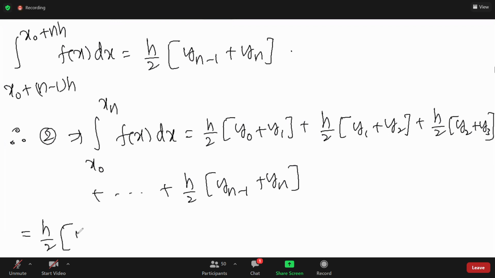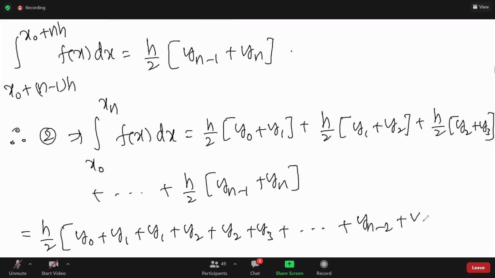Taking h by 2 common, we get y0 plus y1 plus y1 plus y2 plus y2 plus y3 and so on, plus yn minus 2 plus yn minus 1 plus yn minus 1 plus yn.